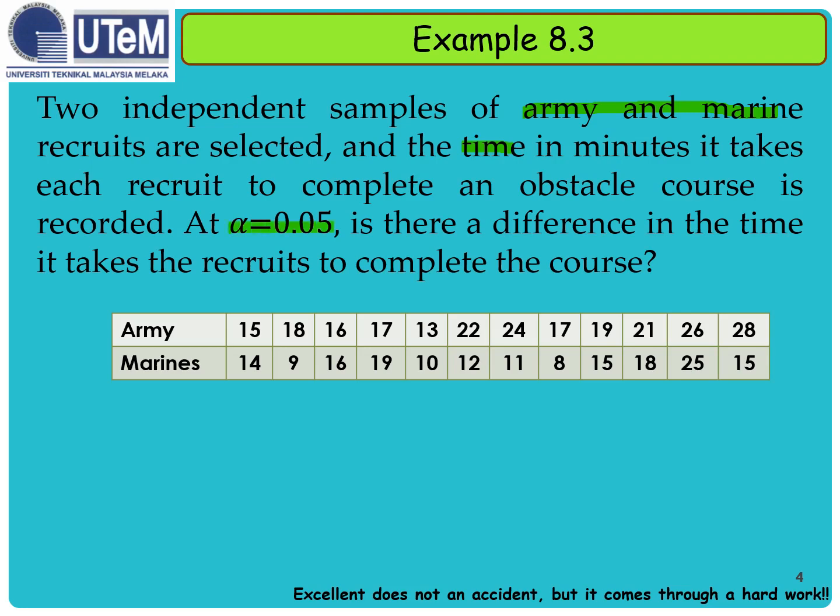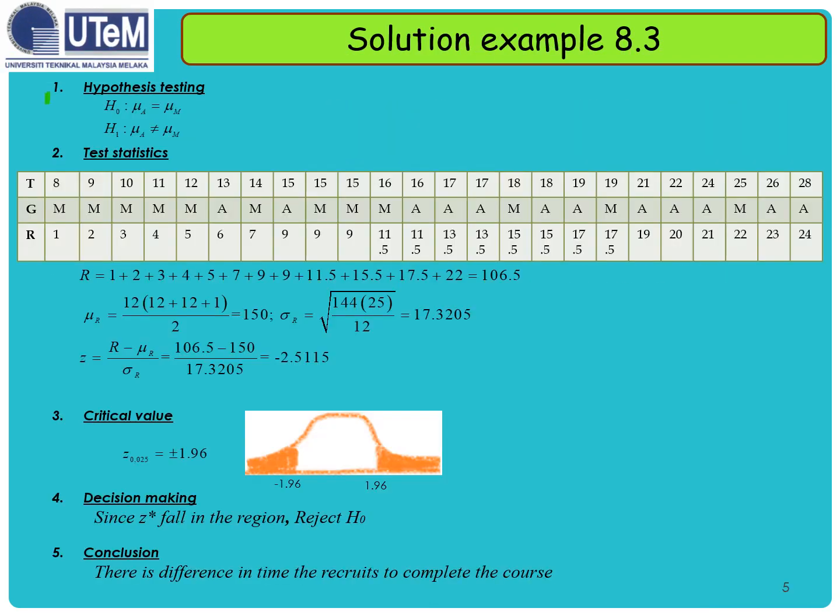Given that alpha is 0.05, first state the hypotheses. The null is that there is no difference, and the alternative is that the recruit time of Army and Marine is different.